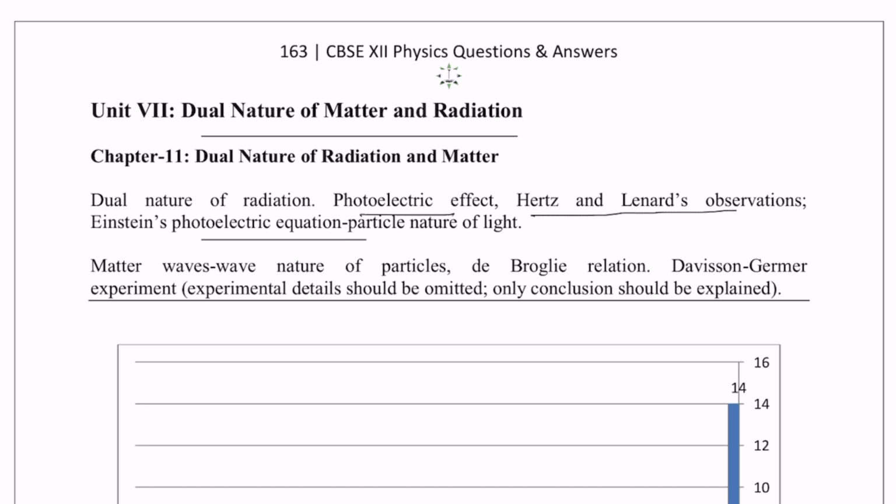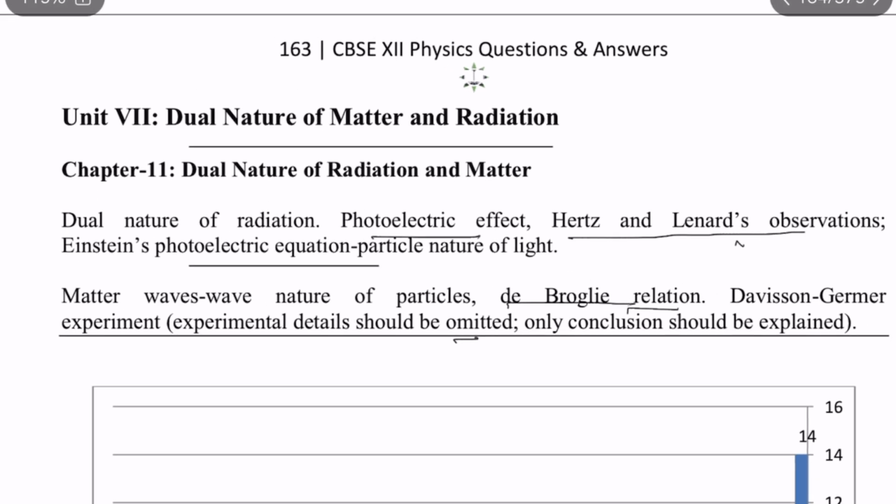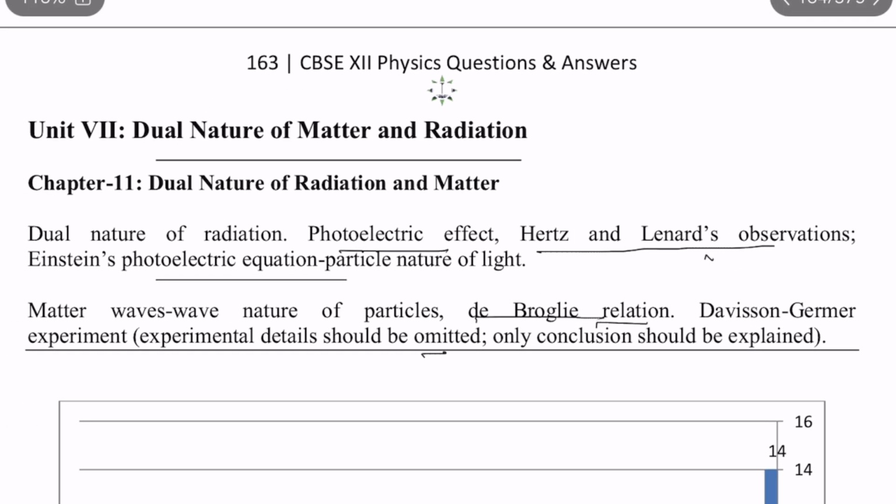Then we will discuss matter waves, the relationship lambda, okay, the relationship and the Davisson-Germer experiment. That detail is not there, only the conclusion is required. Okay. So in our next chapter, next class we'll do dual nature of radiation and matter. Thank you very much.